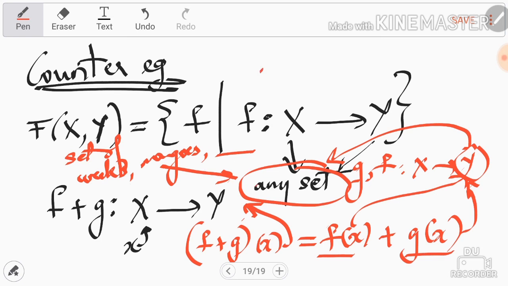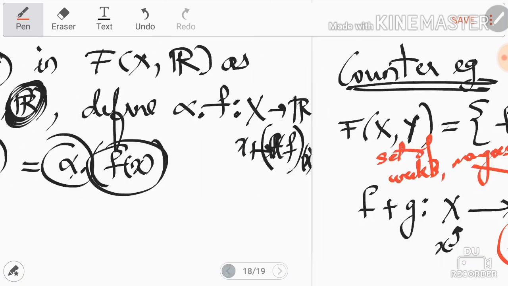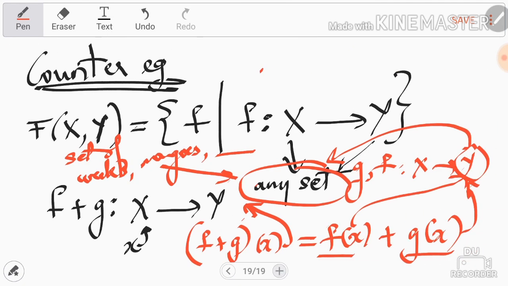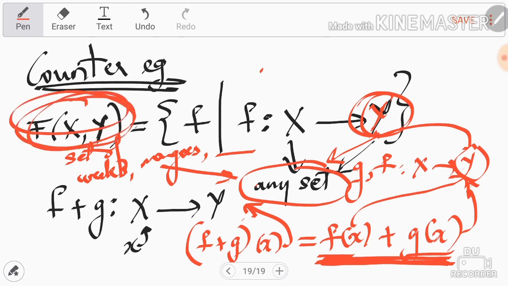You can add numbers, we know that, and that is the reason we used R as our codomain. So we see that f(x) plus g(x) does not make sense unless there is a concept of addition defined on Y. So this cannot be qualified as a vector space, and hence we have a counterexample of a vector space.